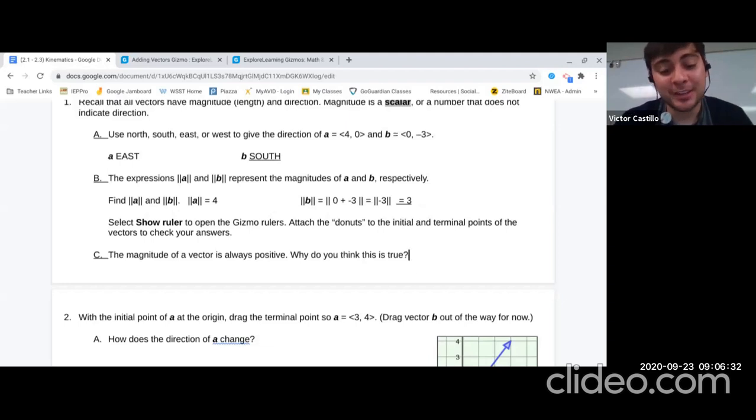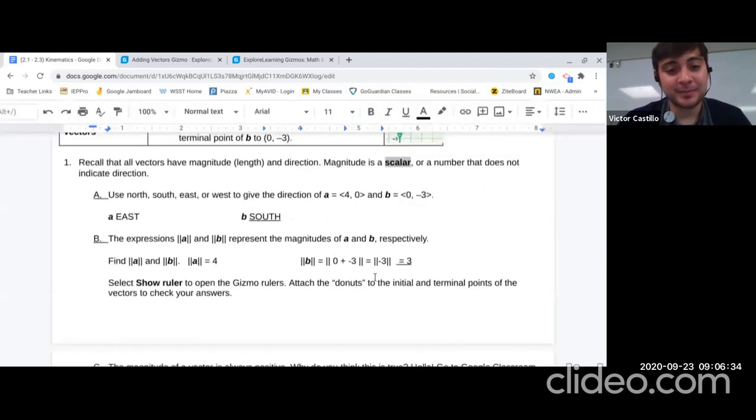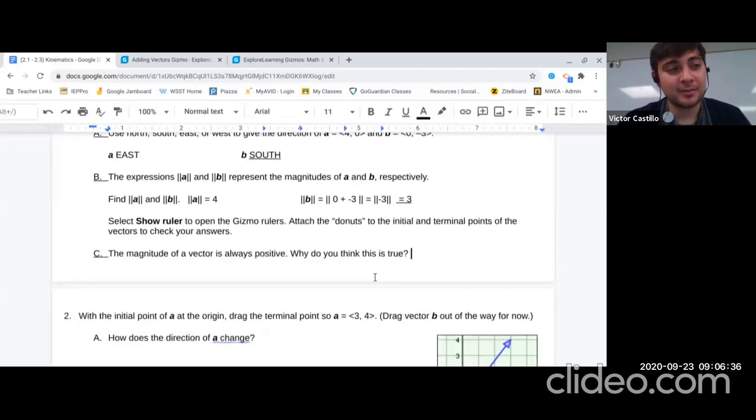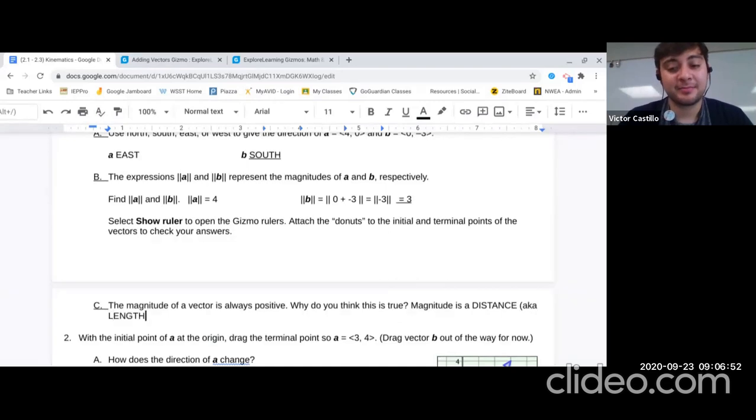So the reason for this is, oh, my bad. The reason for this is, why is this true? Magnitude is a distance, which is also known as a length. And those quantities are always positive.